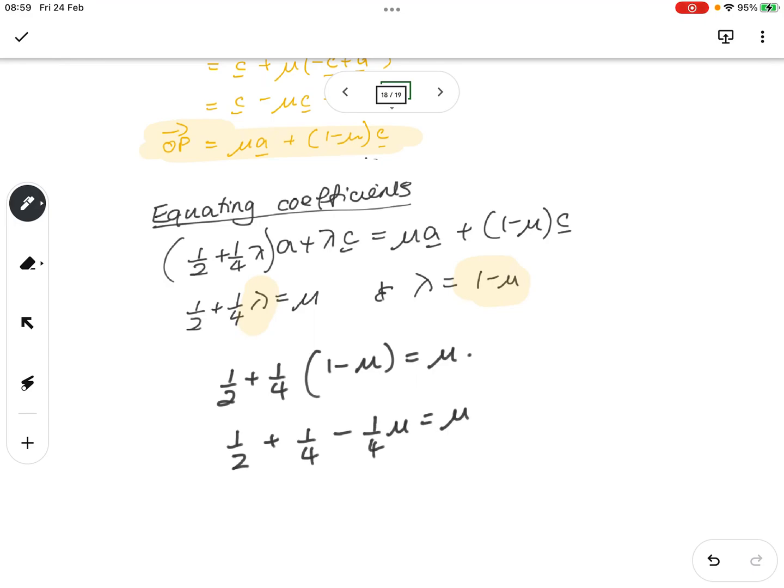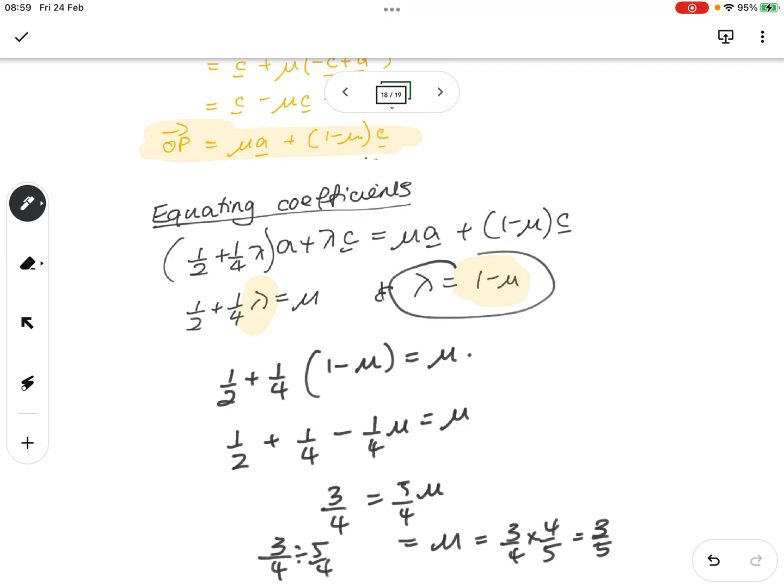A half plus a quarter is 3/4, and 1 plus a quarter is 5/4 mu. So mu must equal 3/4 divided by 5/4, which is 3/4 times 4/5, which is 3/5. So mu is 3/5. Therefore lambda must equal 1 minus mu, so 1 minus 3/5, which equals 2/5.